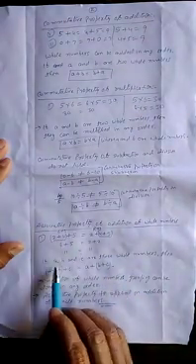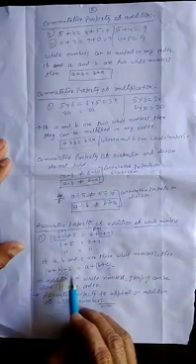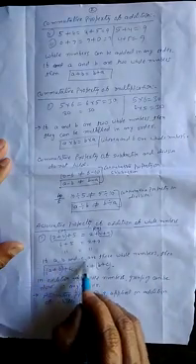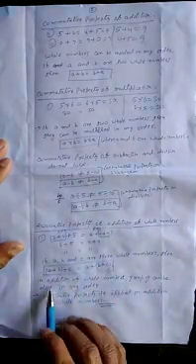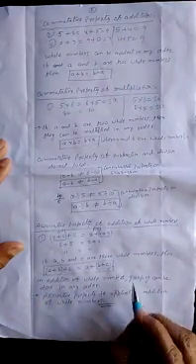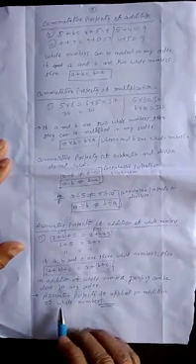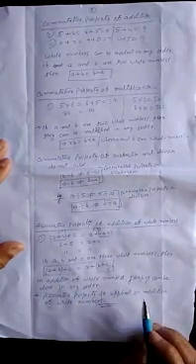It means if a, b, c are three whole numbers, then (a plus b) plus c is equal to a plus (b plus c). The association can be done in any order for whole numbers. In addition of whole numbers, grouping can be done in any order. Associative property is applied on addition of whole numbers.